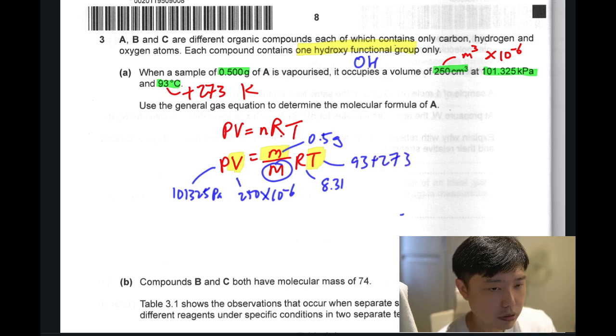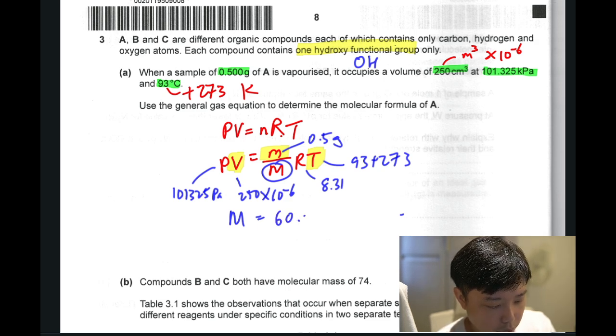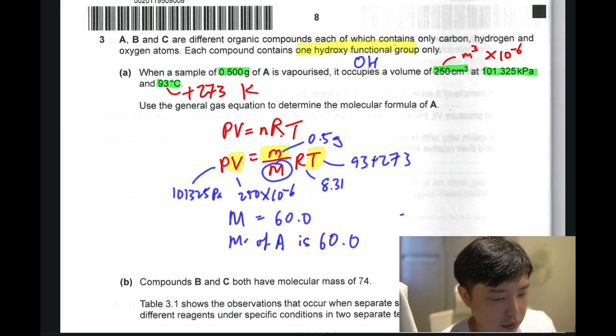So you just need to substitute all these values in, then you will get a big M molar mass of 60.0, which also tells you the Mr of A is 60.0.